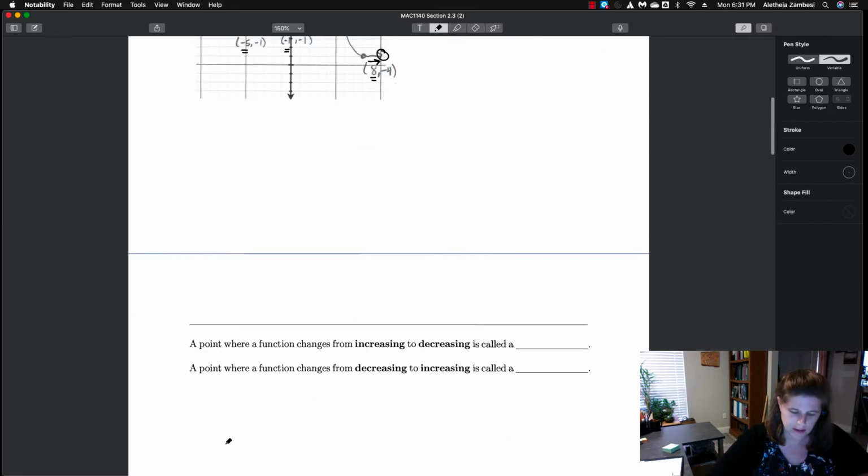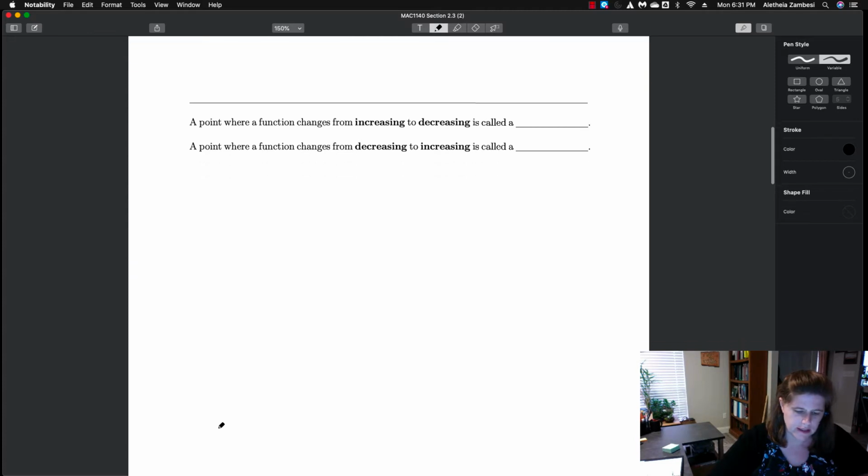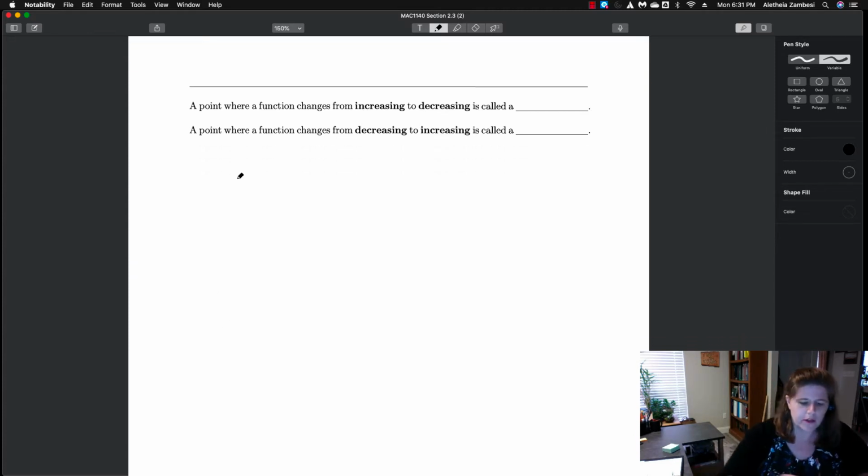All right, let's look at another idea. So a point where a function changes from increasing to decreasing. So it is increasing and then it's a turnaround point. That is called a local maximum.